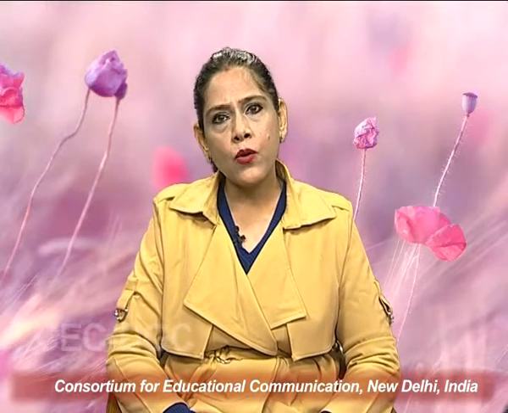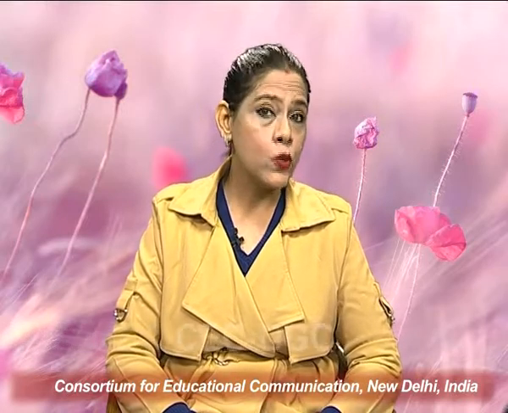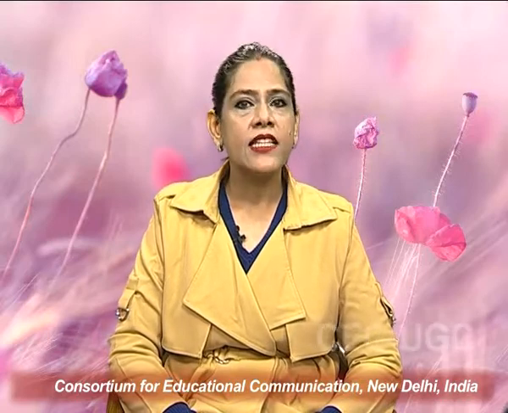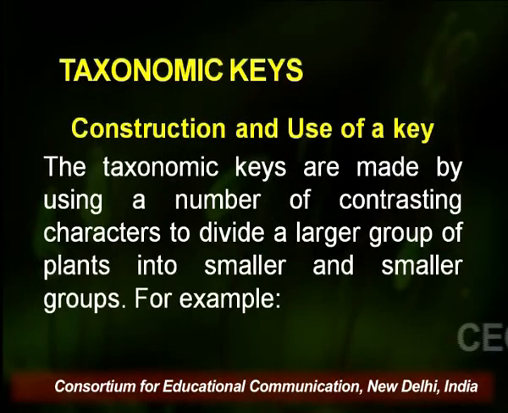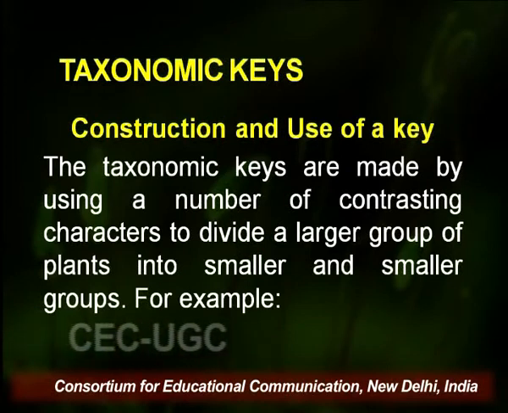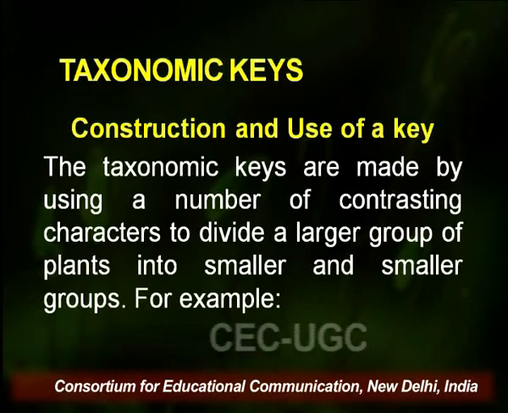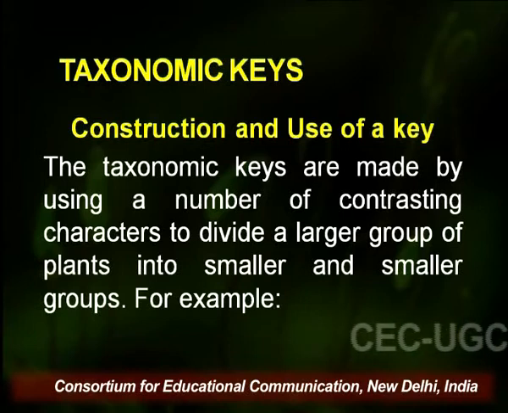So, how do we construct and how do we use a key? The keys are made by using a number of contrasting characters to divide a larger group of plants into smaller and smaller groups.